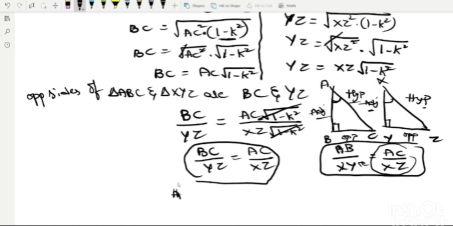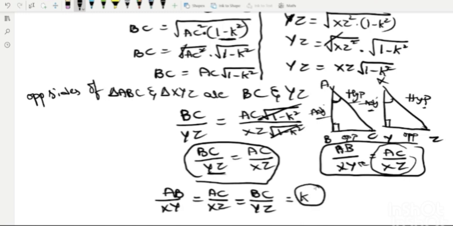So now you can write them as AB upon XY equal to AC by XZ is equal to BC by YZ. We know that AC by XZ, AB by XY are all equal to one single constant value, which is k. From here we have proved that all the sides of both triangles are proportionate.